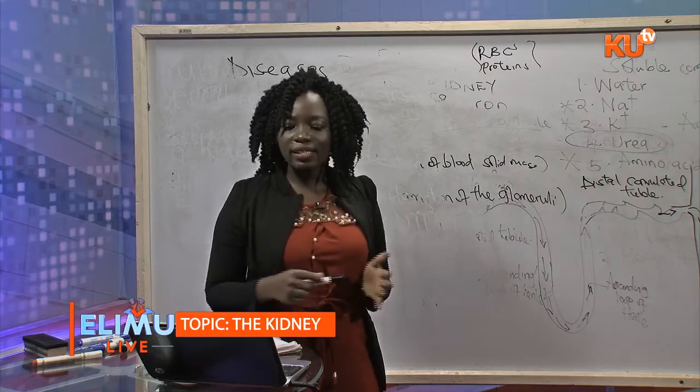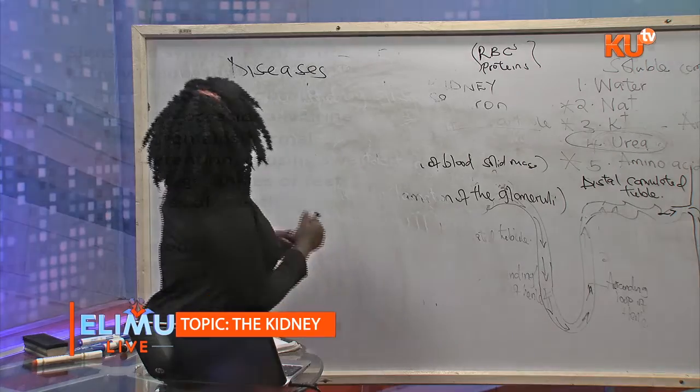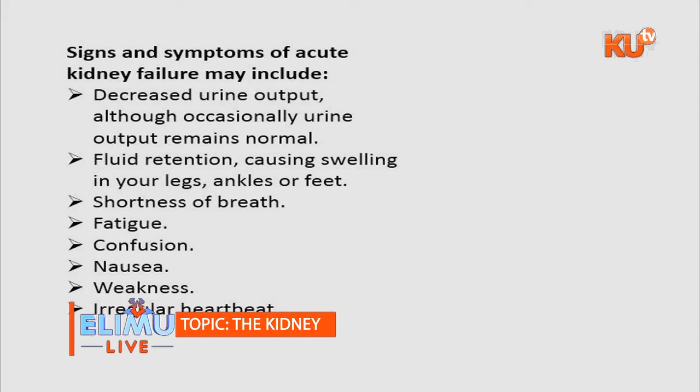The signs and symptoms of acute kidney failure may include these general signs. Number one, a decrease in urine output.